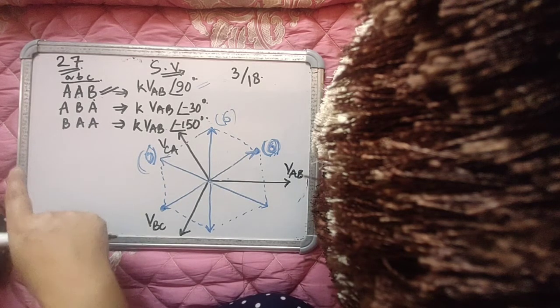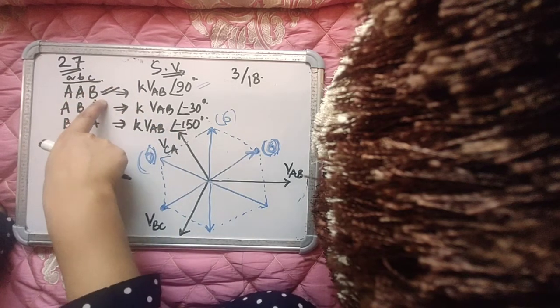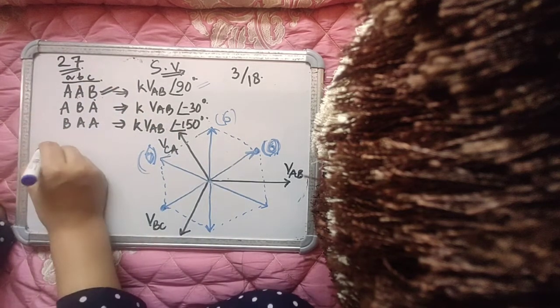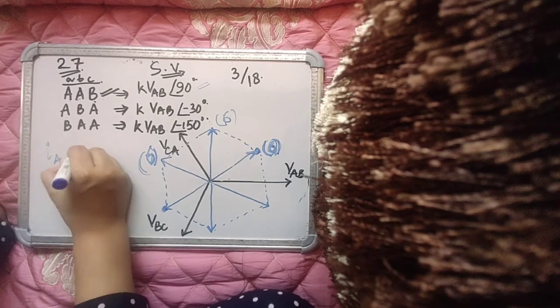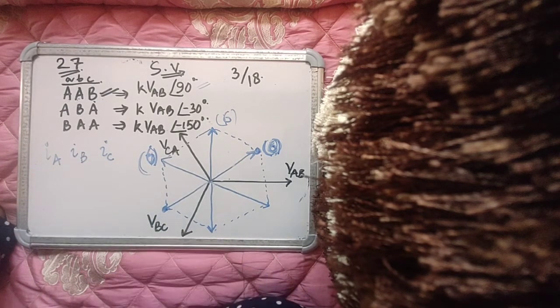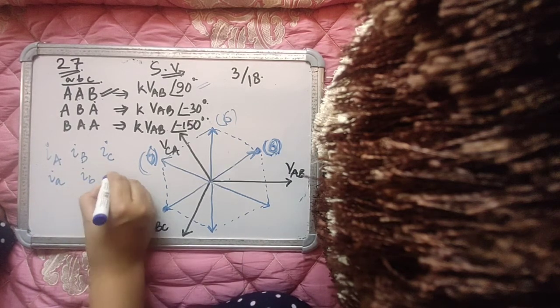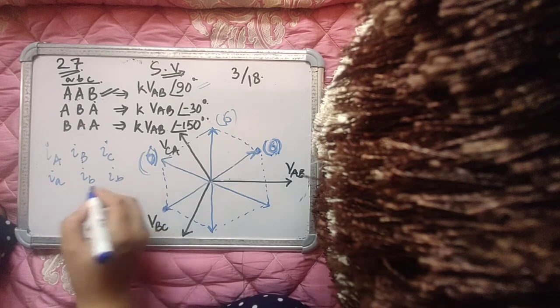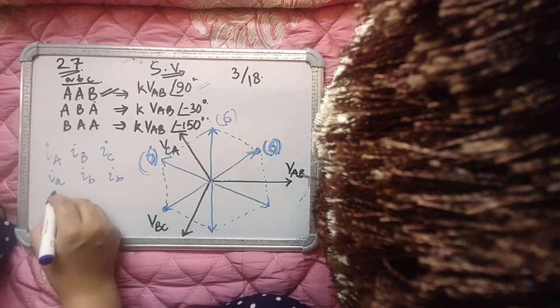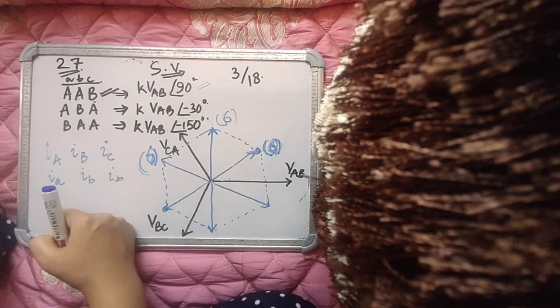The source currents will be a function of the load currents, just like the load voltages are a function of the source voltages. Similarly, the source currents IA, IB, IC will be a function of the load currents Ia, Ib, Ic because of some state, similarly IAAA in case of zero states, or IBBB in case of zero states.